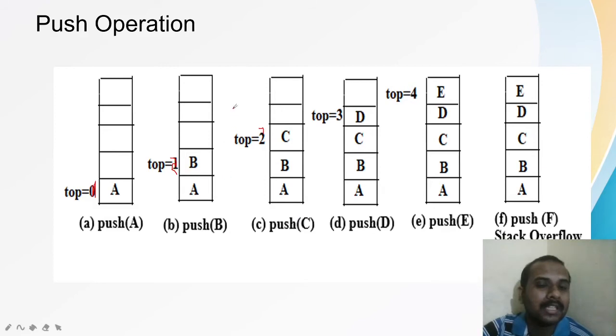So in the third position, I am going to insert C. Now I want to insert D, so I'll increment the top to 4 and push D to the 4th position. Then for another push operation, I'll increment the top to 5. At that time E will come and settle here.